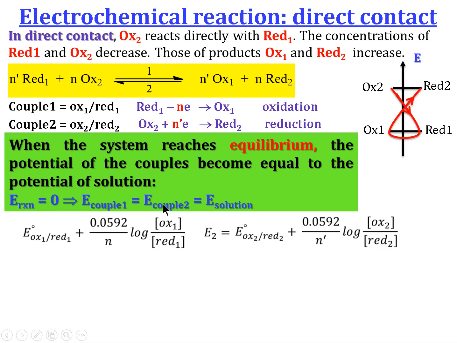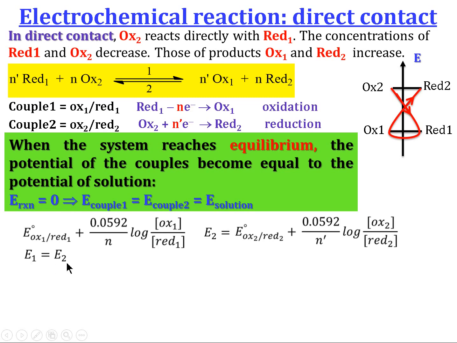And E of couple 2 equals E0 Ox2/Red2 plus 0.0592 divided by the number of electrons exchanged in couple 2, so divided by n', log concentration Ox2 divided by Red2. At equilibrium, E of the couples are equal.